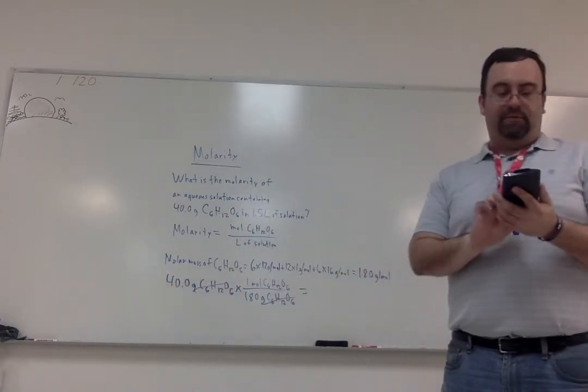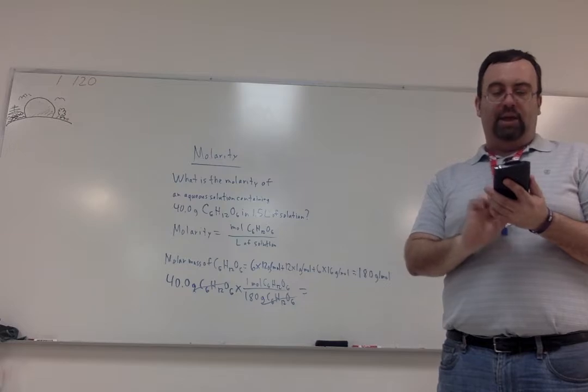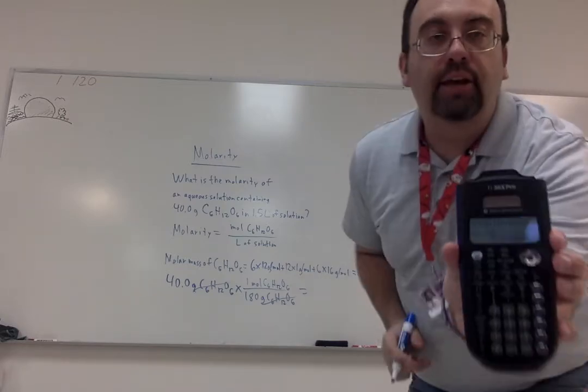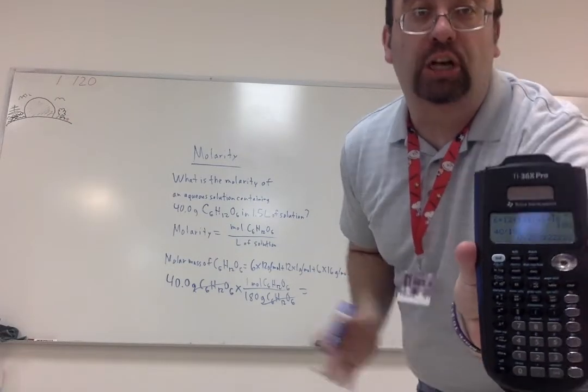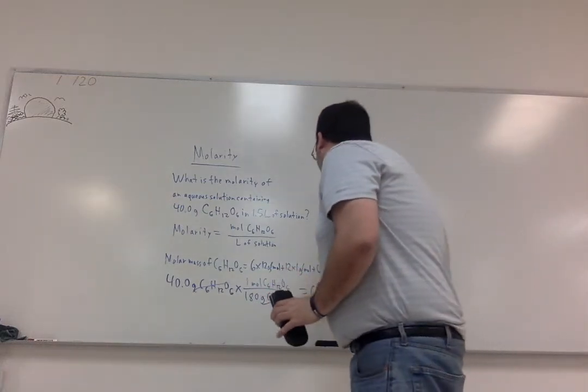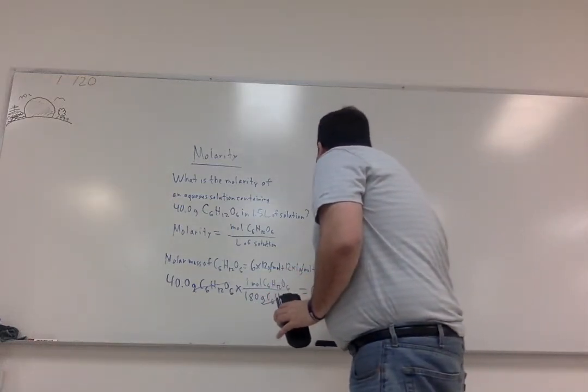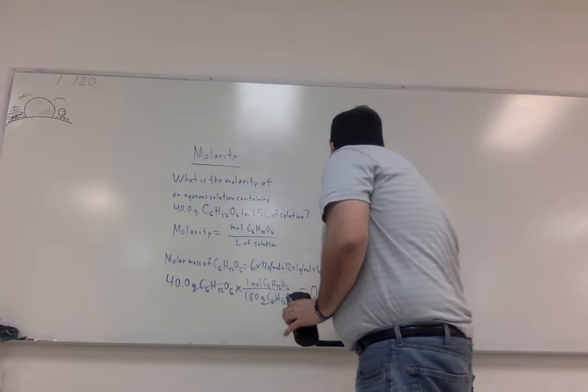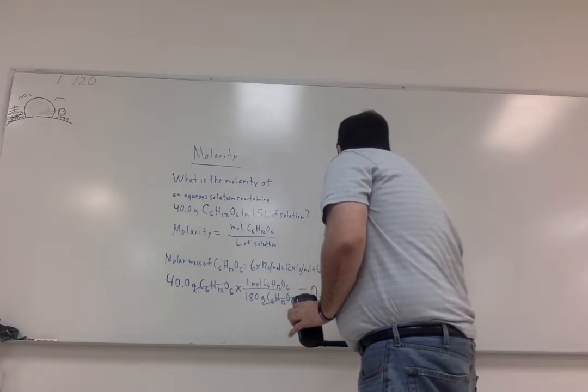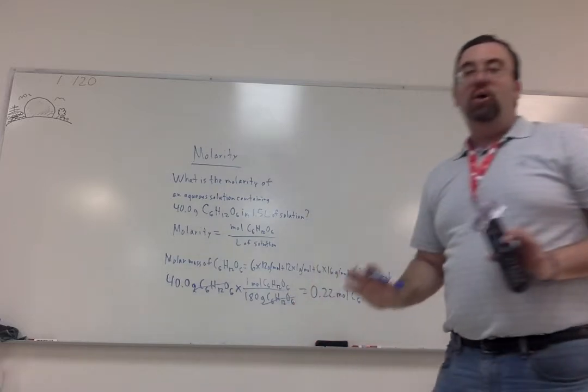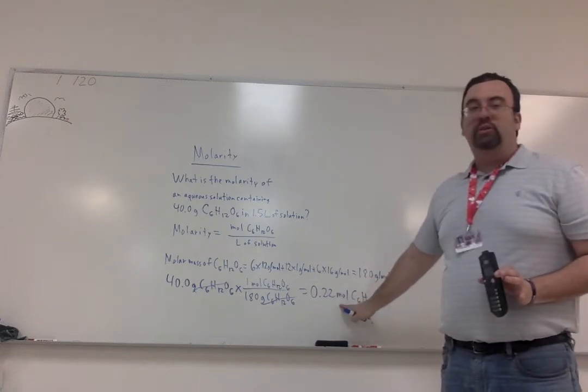All right, I'm going to take 40 divided by our 180, and I end up getting 0.2 repeating. So I'll say 0.22. We have 0.22 mole of C6H12O6. We now know the moles of our solute.